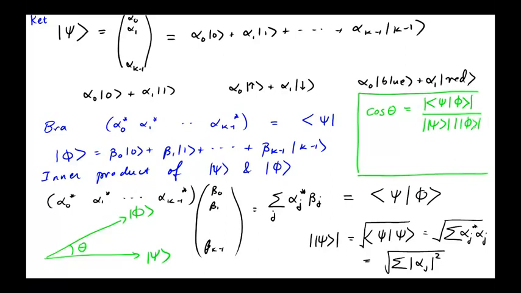That's just an intuitive interpretation of the angle between two vectors, and here we'd want theta to be between 0 and pi over 2.